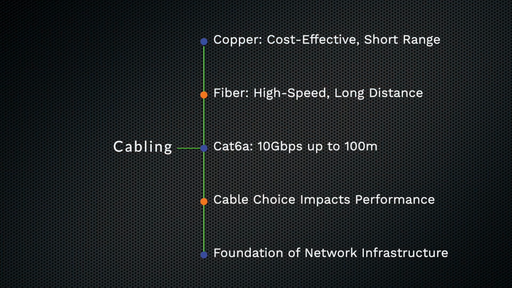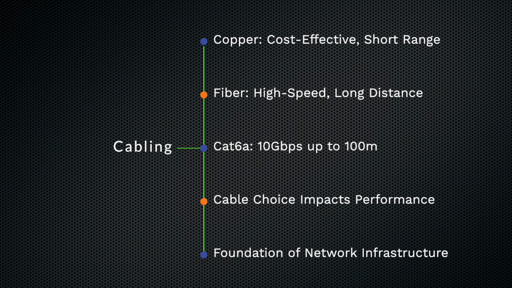That reach makes fiber the obvious choice for high-speed campus backbones, long-haul internet links, and undersea cables. And with none of the electromagnetic interference that can plague copper in noisy environments, it's also great for networks in factories or industrial sites. So your cabling infrastructure is really the foundation on which the rest of your network is built. Choosing wisely here can make a huge difference in performance and reliability down the road.